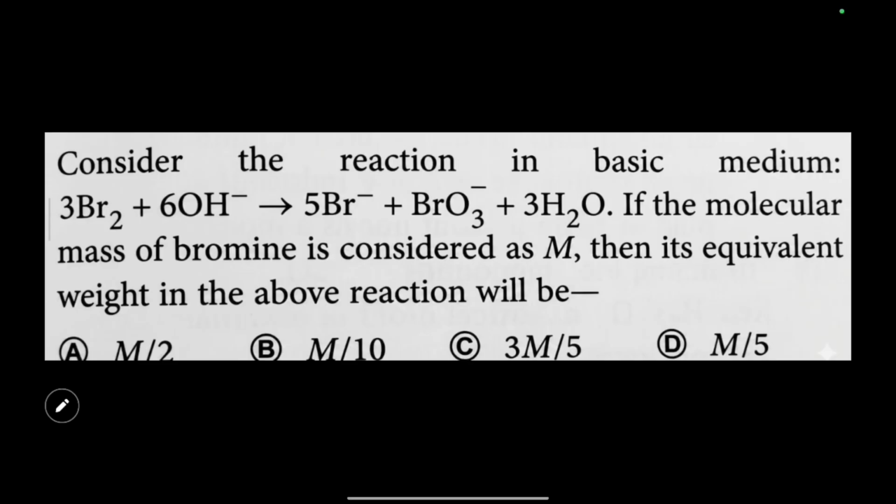First of all, from this reaction you can understand that this is a disproportionation reaction. If you have not followed my previous video, I will give you the link. Follow that and understand what a disproportionation reaction is and how to identify one. Now I'll be showing you the calculation. Note down the question and understand the solution.